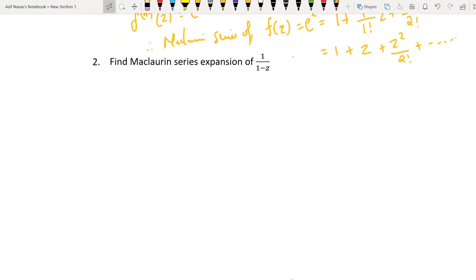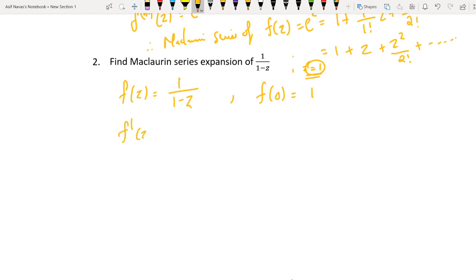Now, the second question: find the Maclaurin series of 1 by 1 minus z. So f of z is equal to 1 by 1 minus z, which at z equal to 1 is not defined. At any point other than z equal to 1 it is analytic, so we can find the Maclaurin series. First we want to find f of 0. This is 1.